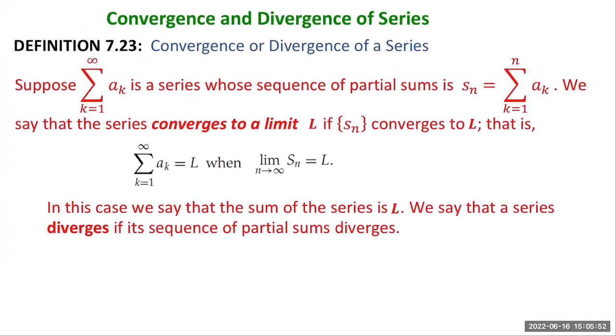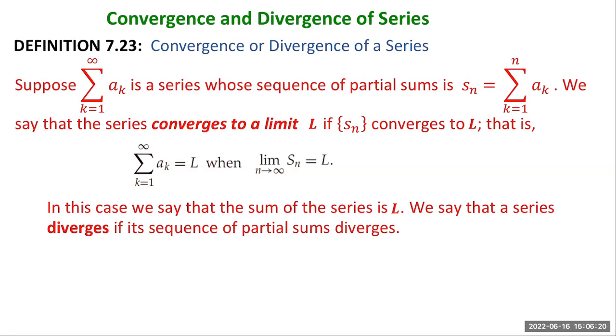According to the previous definition, all you need to do is analyze the limit of the sequence of partial sums. You need to find the sequence of partial sums, and then take the limit as n goes to infinity. If that limit exists as a nice number L, then the sum of your series is equal to L. That's what we are going to do here.